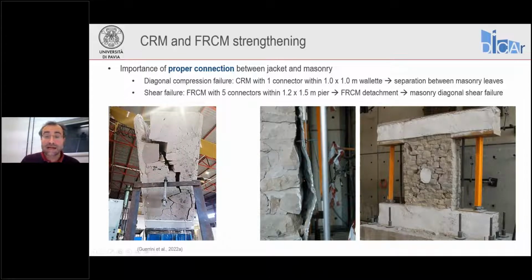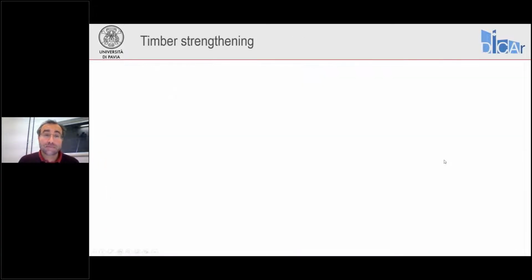You can see buckling and detachment of the FRCM layer here. And after this happened, at the end of the test, we removed completely the FRCM and we exposed the masonry pier. You can see diagonal cracks, which are definitely telling us that the pier failed in diagonal shear. So again, connecting the strengthening to the masonry is, of course, of very, very big importance.